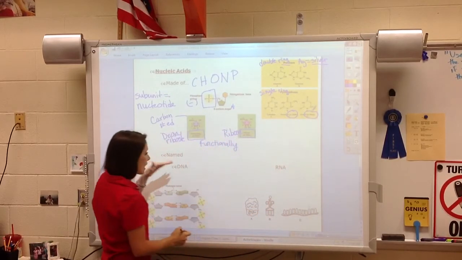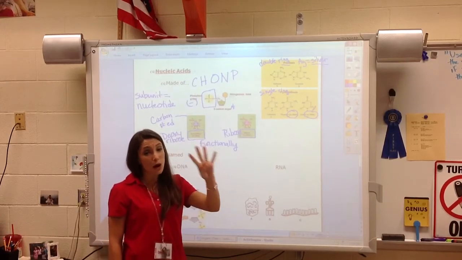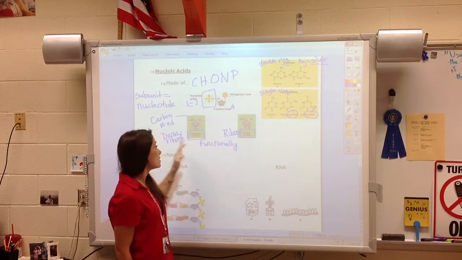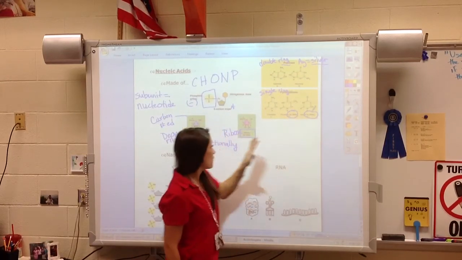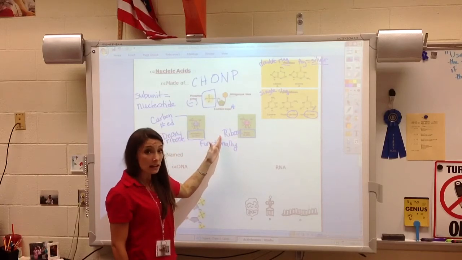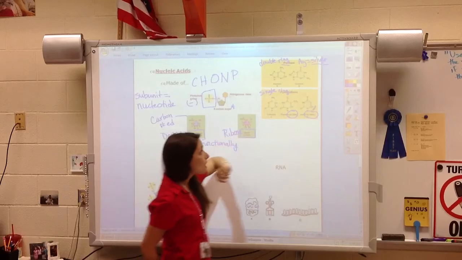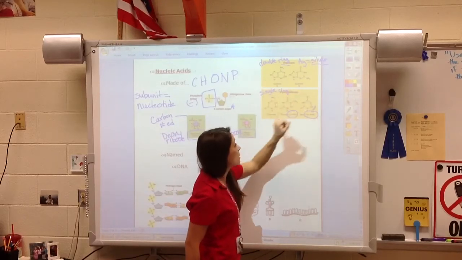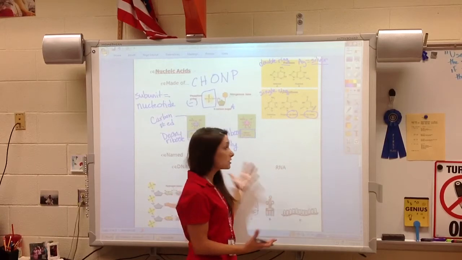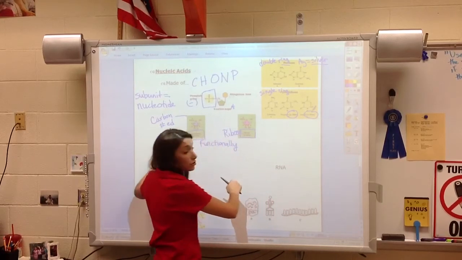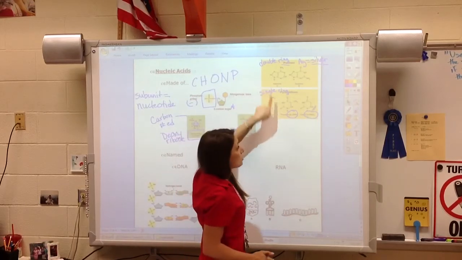So when I'm looking at DNA and RNA, they only at one time ever have 4 possible nucleotides. Deoxyribose is found with A, G, C, T. If I'm looking at a ribonucleic acid or a nucleotide in ribonucleic acid, the only possible nitrogen bases are A, G, C, and U. So we do want to know what possible bases are bonded to a deoxyribose or a ribose. And then we need to know the basic structure.